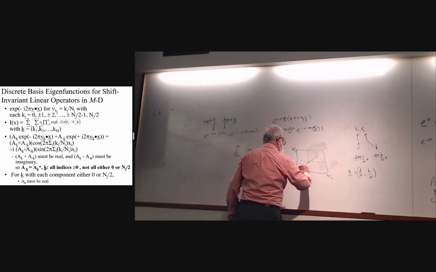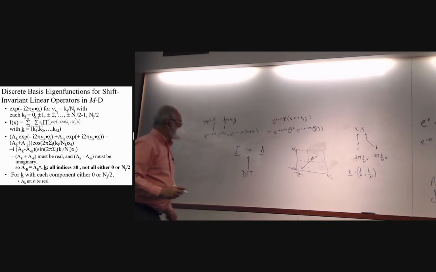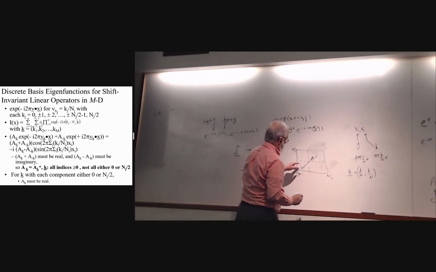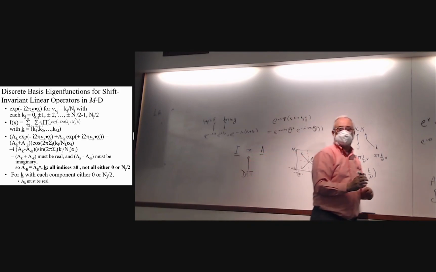These two are complex conjugates of each other. And this guy that has negative j, but positive k, is going to be the complex conjugate of the one with positive j and negative k, and so these two are going to be complex conjugates of each other. Okay, so again we have only half as many separate coefficients, if you will.